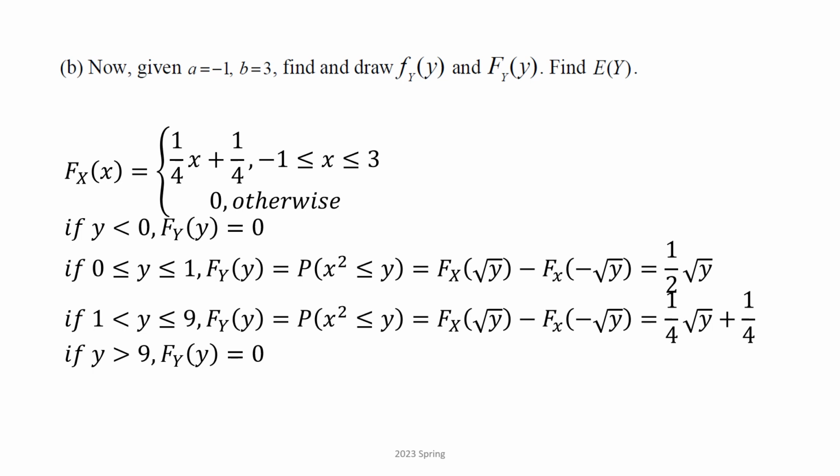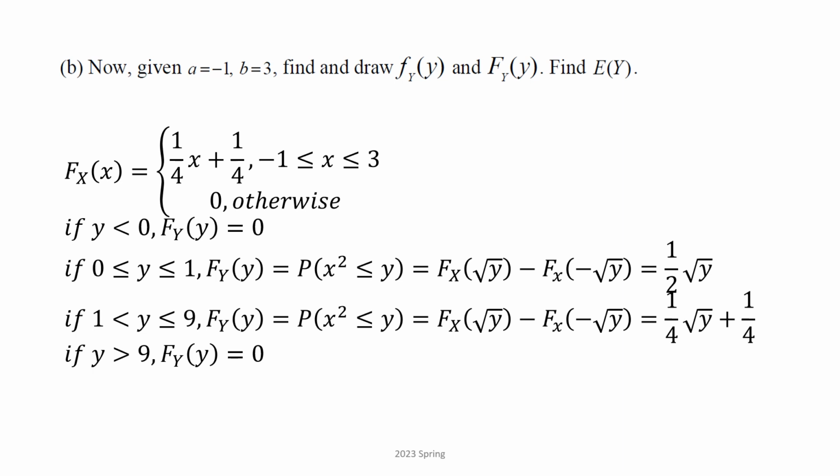And if y is greater than or equal to 0 and less than or equal to 1, then big Fy equals the probability of x squared less than or equal to y, and it equals Fx of square root of y minus Fx of negative square root of y, and it equals 1 over 2 times square root of y.